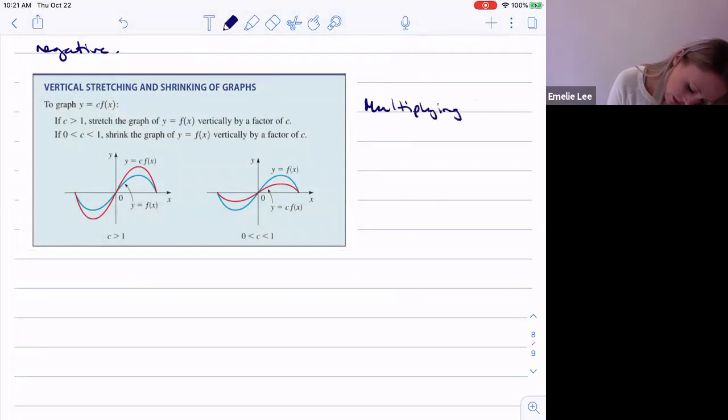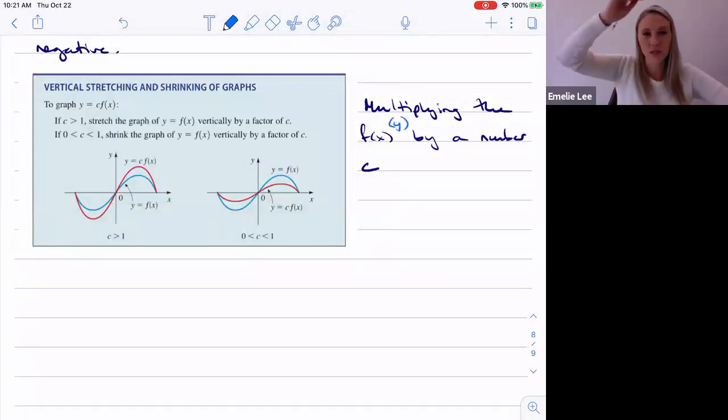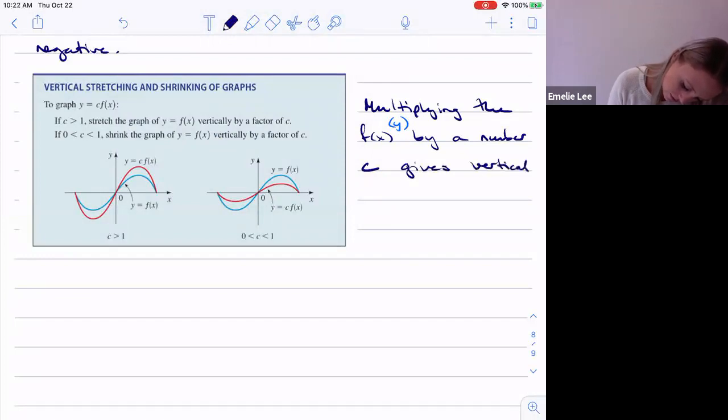Multiplying the f of x by a number c, right? So f of x, these are the y's. So that's what gives you this vertical stretching or shrinking.